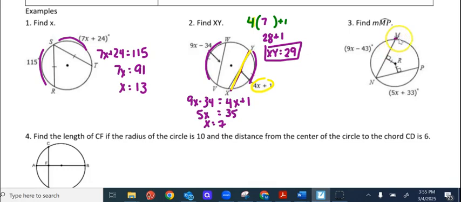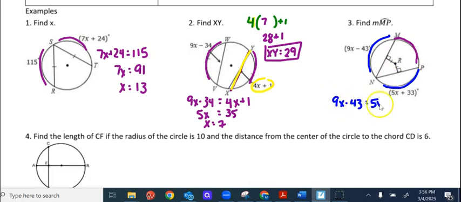In this case, they want us to find the measure of MP, so that's going to be in degrees. They told us that the measure of these are that, and we know that they are equal. We know that we can set these up as equal, and let me show you why.